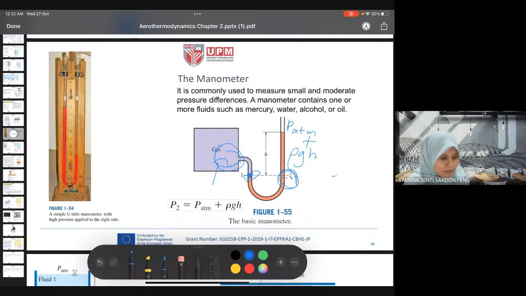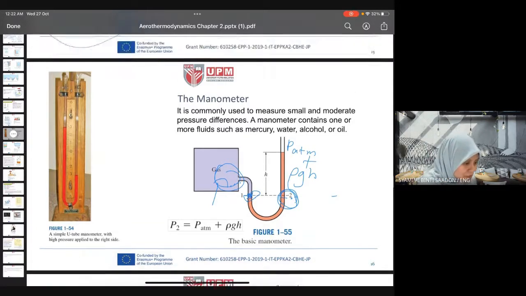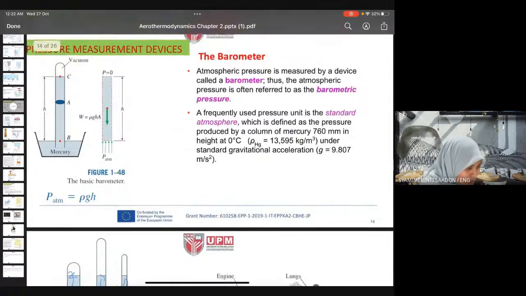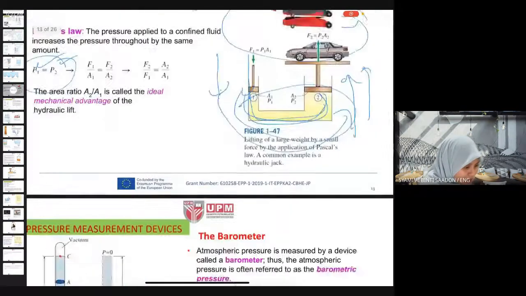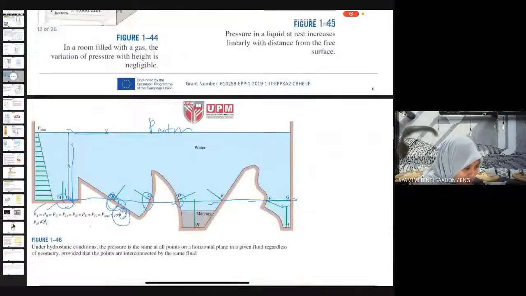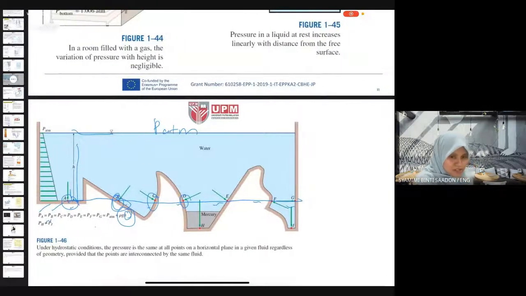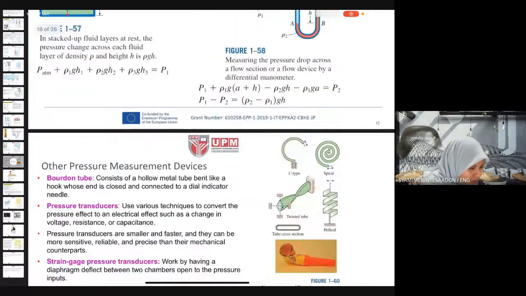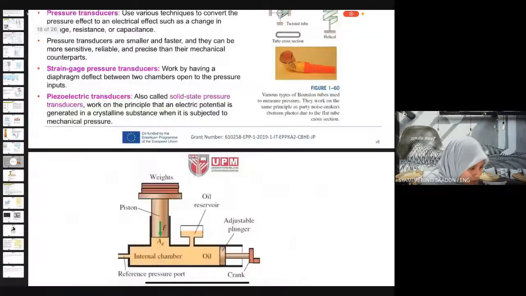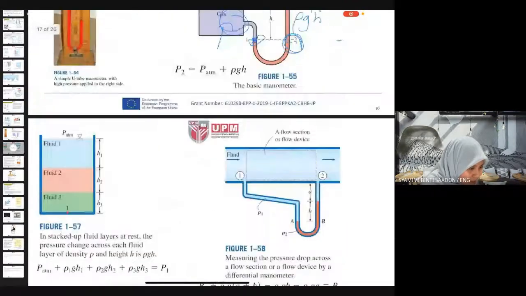It is the same, because of the concept just now, the height. Okay, sorry, I skipped this.